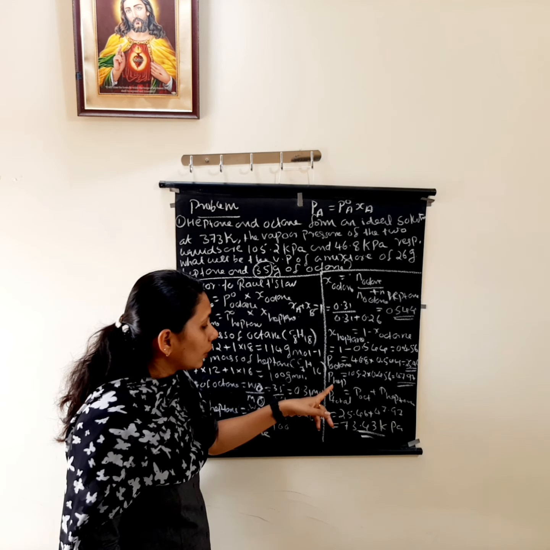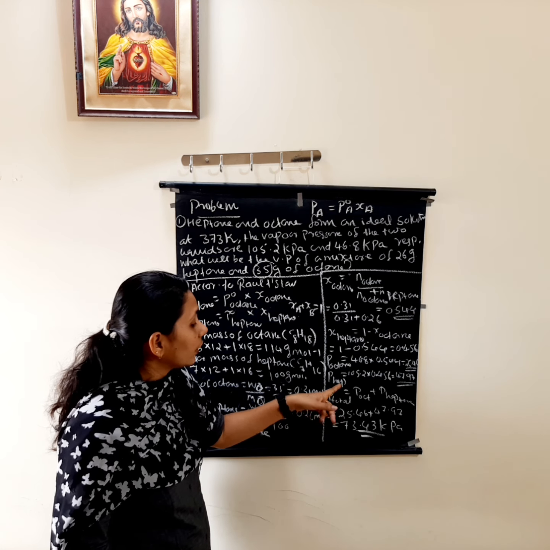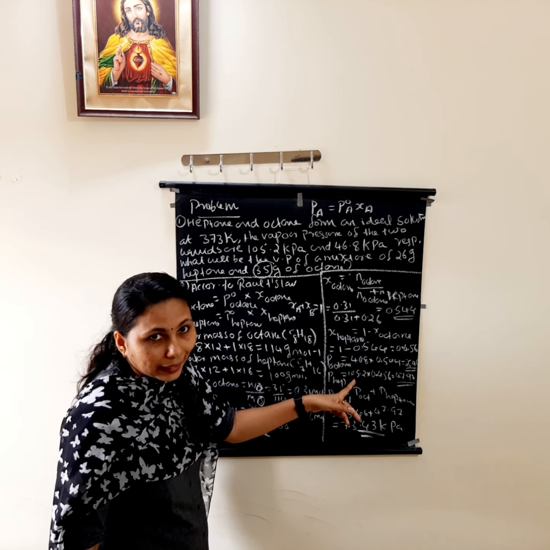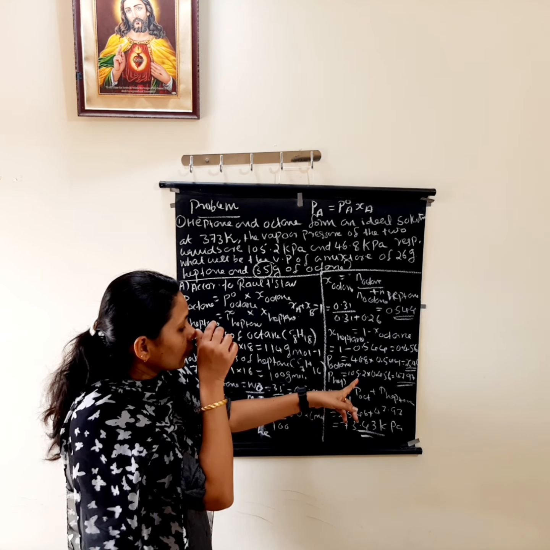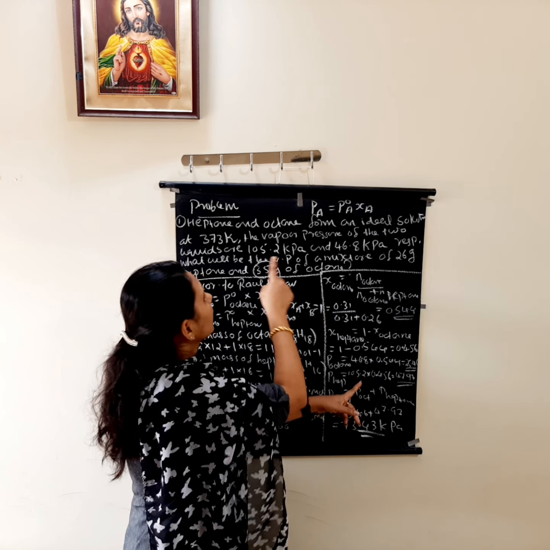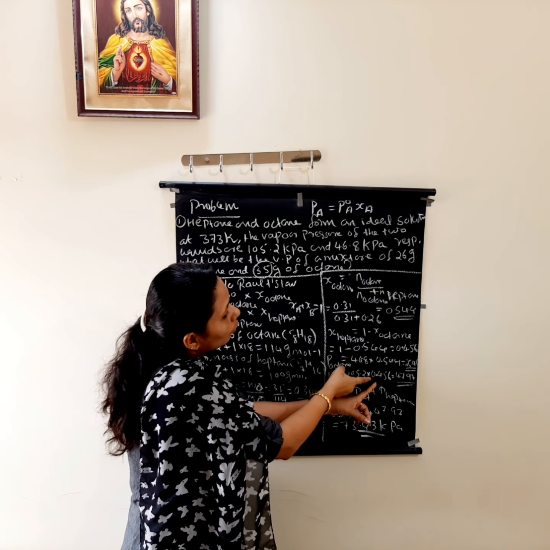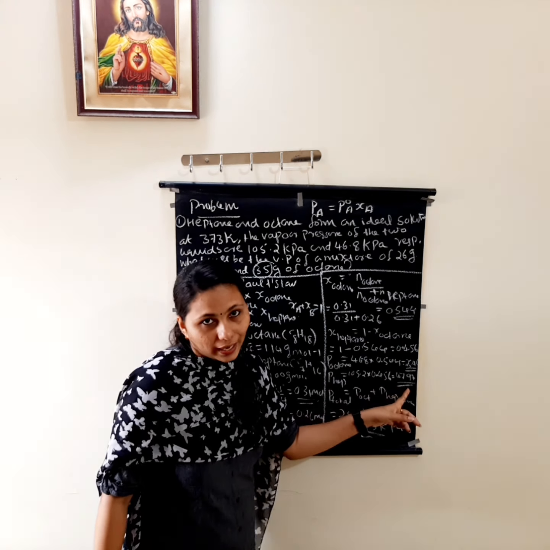Same way we can calculate the partial pressure of heptane. Partial pressure of heptane equal to vapor pressure of pure heptane into mole fraction. Here the vapor pressure of pure heptane is given 105.2, into its mole fraction we calculated 0.456. What is the answer? 47.97.